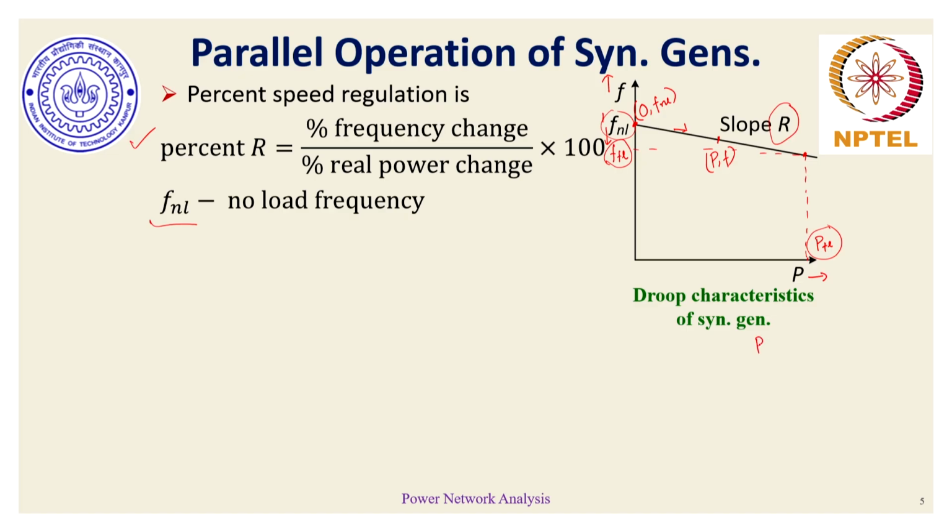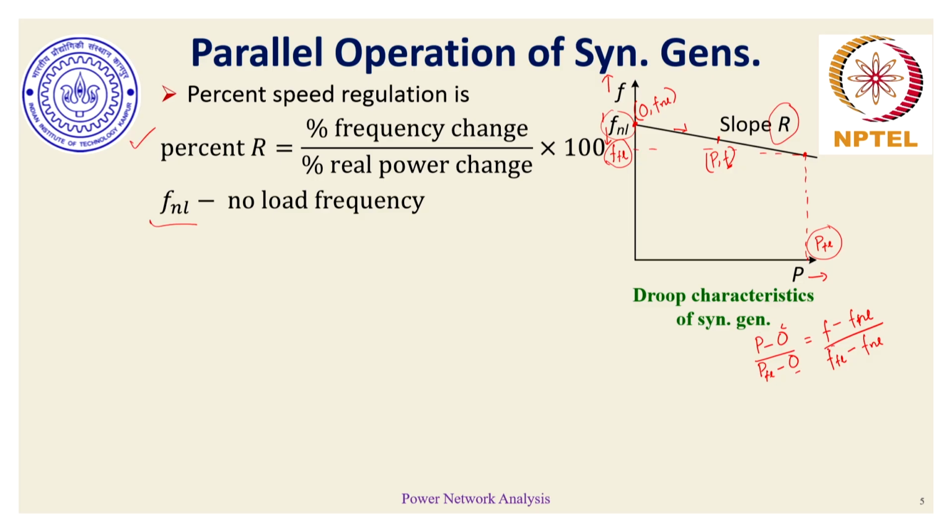So P minus 0, which is the no load power, divided by full load power minus 0 should be equal to the corresponding frequency for P, F, as given by this coordinate. The no load frequency is FNL, which refers to the zero power. For full load power, the frequency is FFL, and then we also have the no load frequency for zero as FNL.